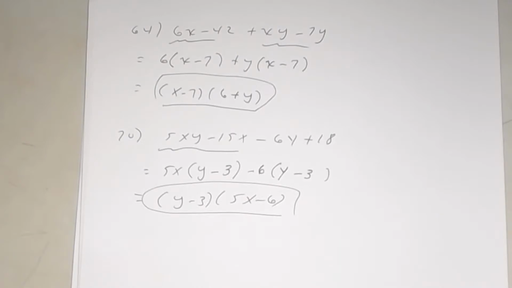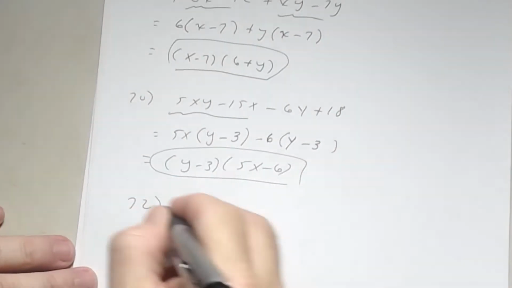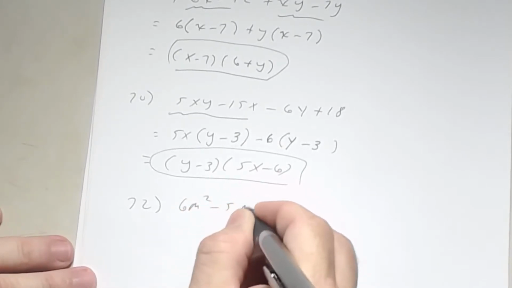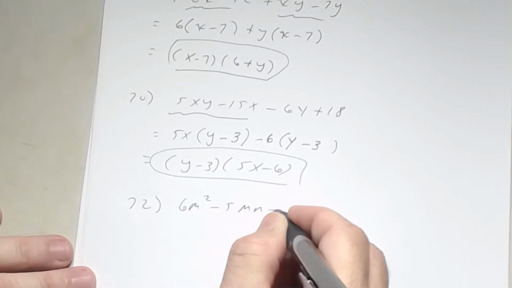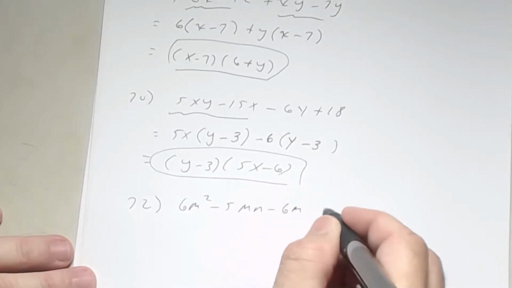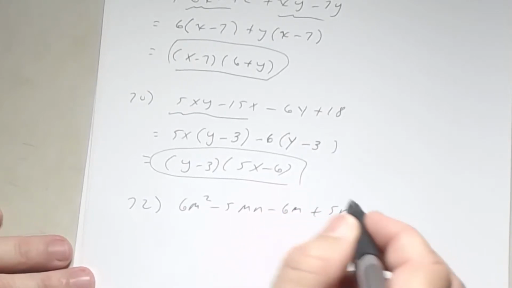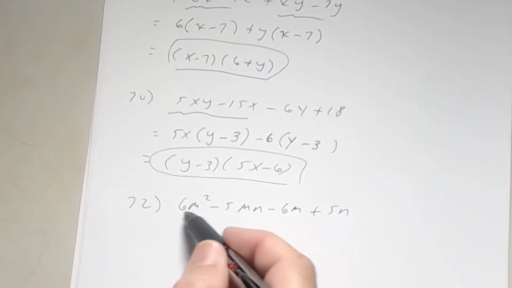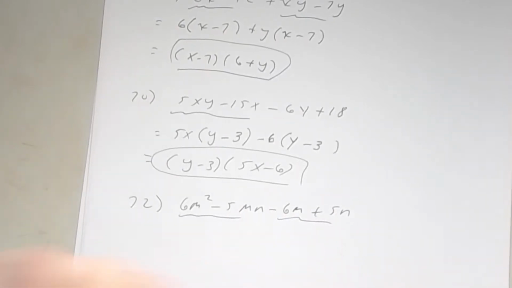All right, number 72. You have 6m squared minus 5mn minus 6m plus 5n. The GCF is what? 1. Group the first 2, last 2, see if that works.